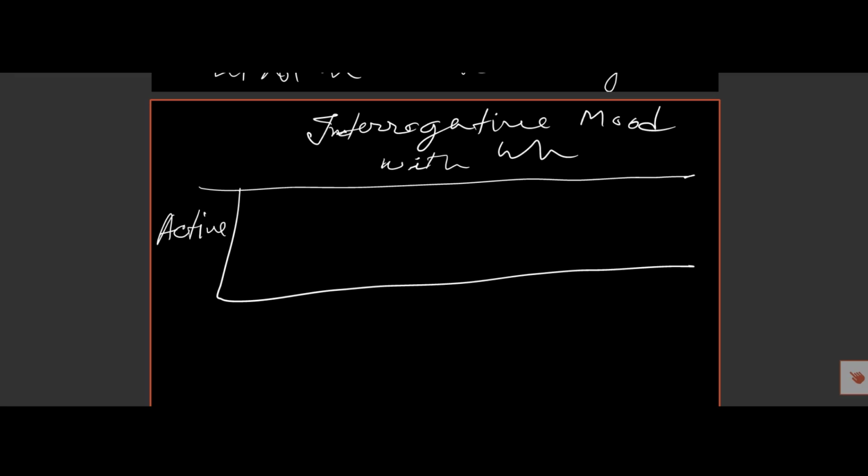If the sentence begins with what, how, when, where, then there is a helping verb here.